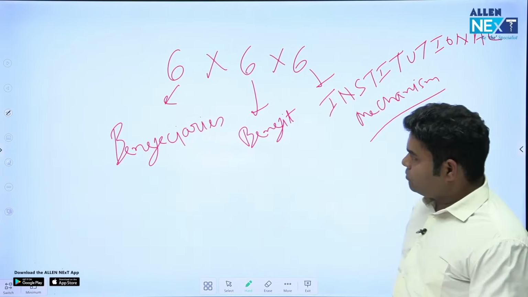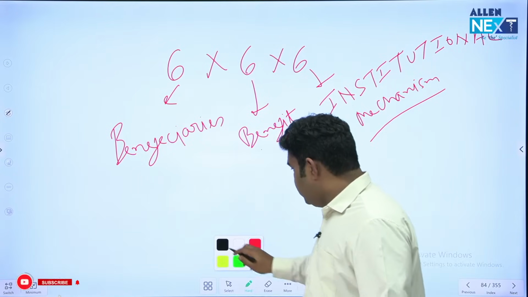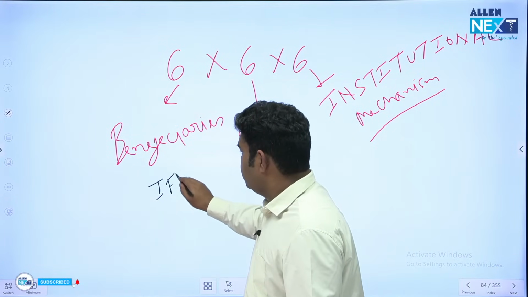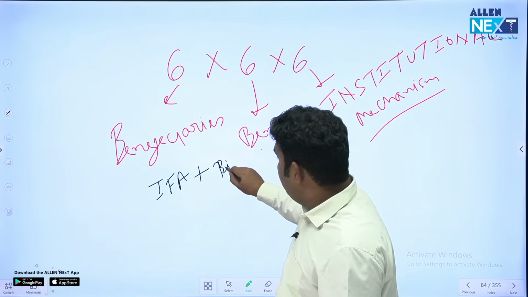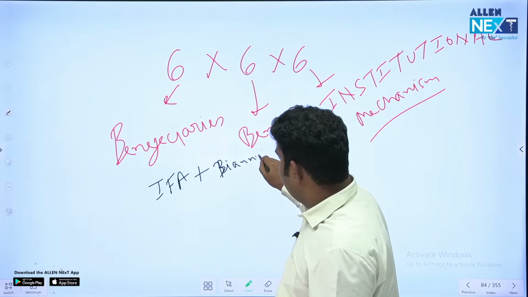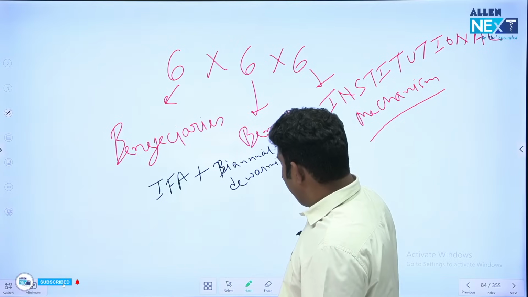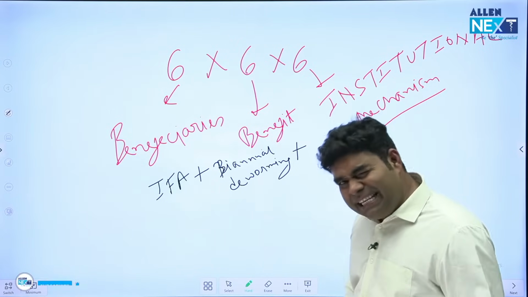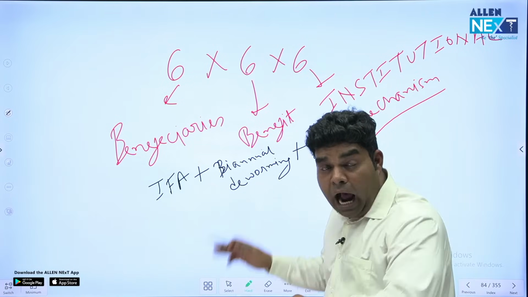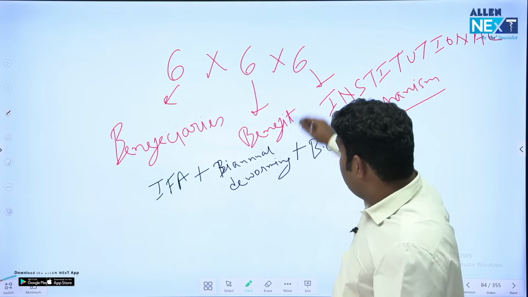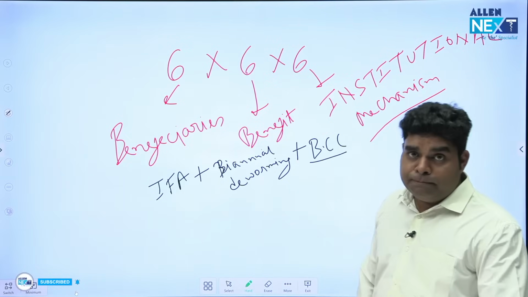Now what are the 6 benefits which we give? पहला बेनिफिट है IFA टैबलेट. सेकंड बेनिफिट है साल में 2 बार albendazole, biannual deworming albendazole. थर्ड बेनिफिट है BCC, because they have asked a lot of questions from here, so they can ask the benefit. Be ready for it. BCC, what is BCC? Behavior change communication.